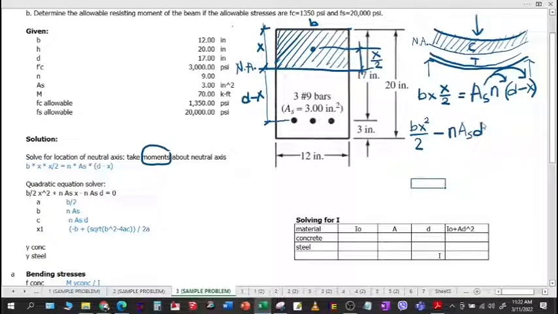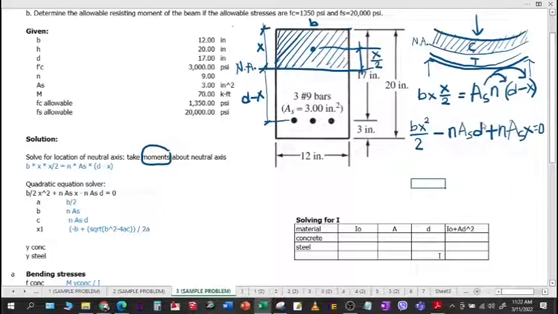Alright? Then, this one is negative, and when you transfer it to the other side, that will be positive. That will be n A_s x, and that's equal to 0.